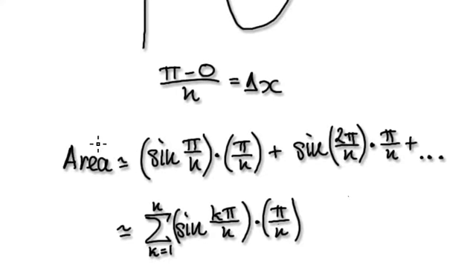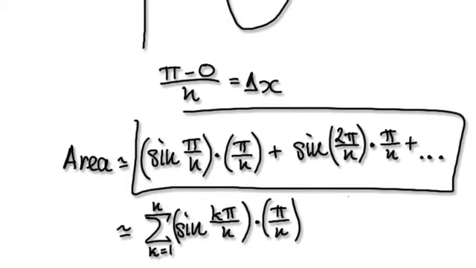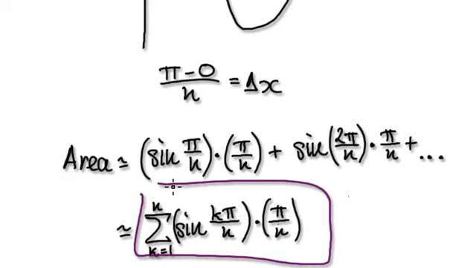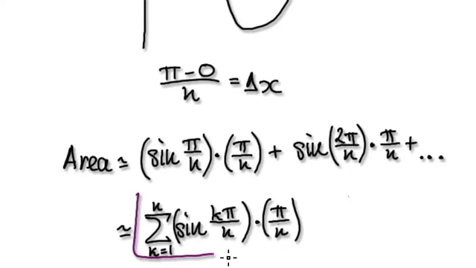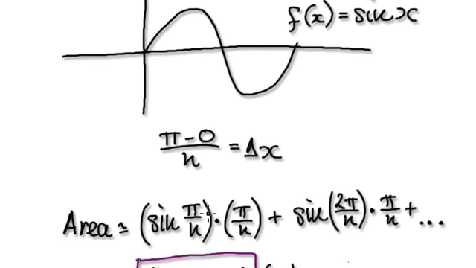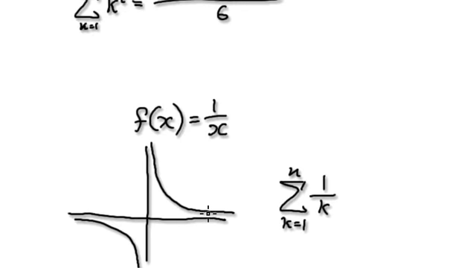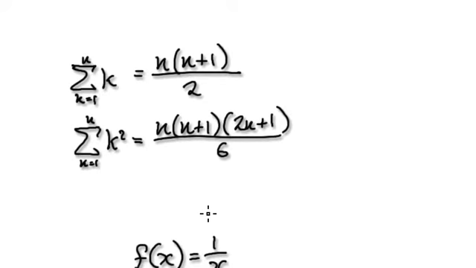The area would be approximately this whole thing here, and then this simplifies to this, and this here is a constant, so we would take it out. But then we would need to develop a formula for this. You see up here, when we were trying to evaluate the area underneath y equals x squared, or f of x equals x squared, we knew this.